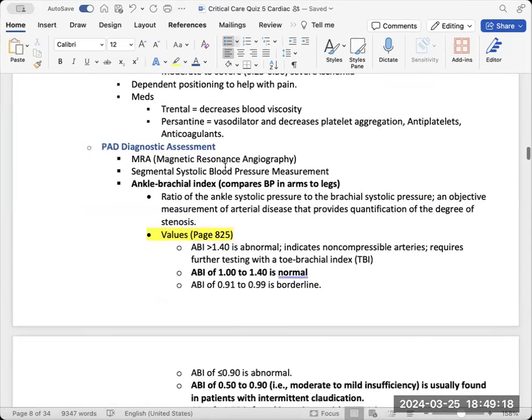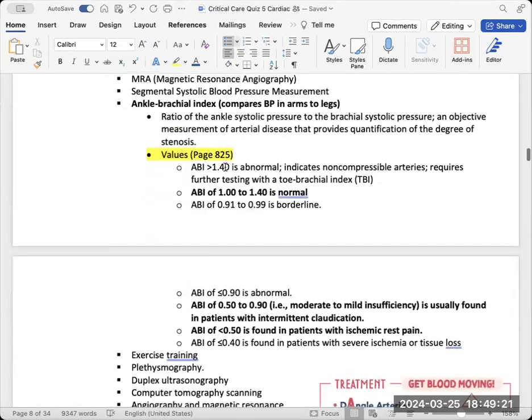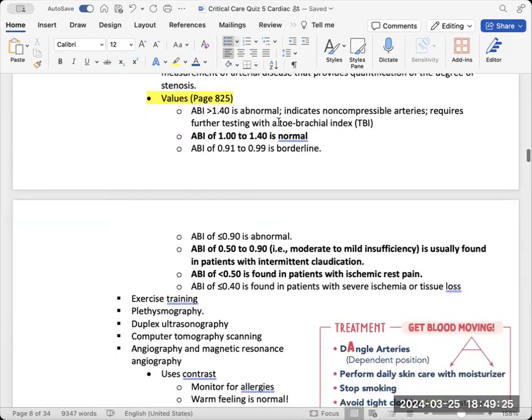And I want to actually go into what the numbers mean. If you go to page 825 in the textbook, you'll see that a normal ABI is between 1 and 1.40. For mild to moderate lack of perfusion, it's going to be 0.5 to 0.9.